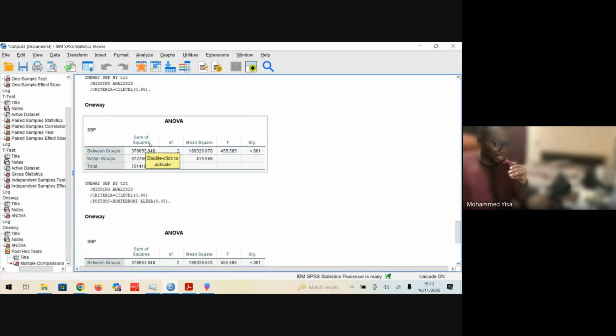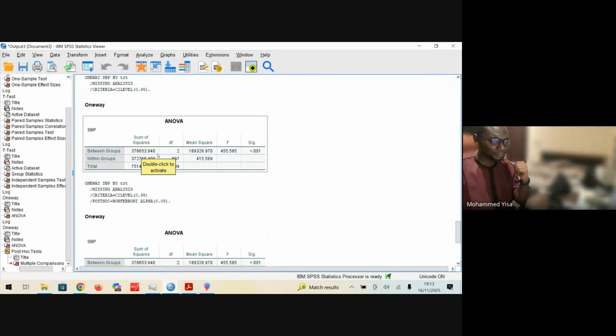these are statistics that get calculated when you are calculating the ANOVA, let's say by hand, between the groups or within the groups. It will bring out these values.